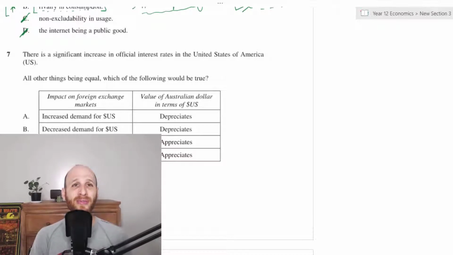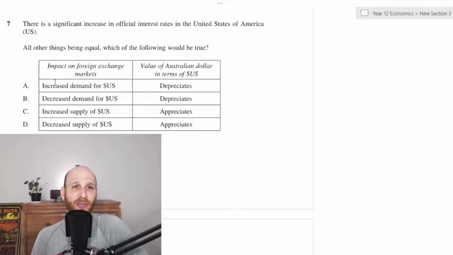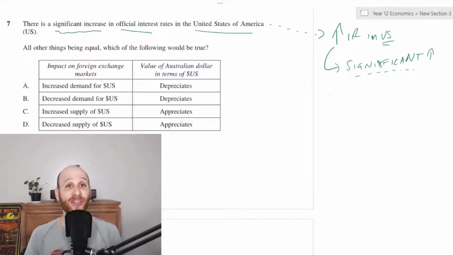Okay, some of these types of multiple choice ones are tricky, and the reason why I say that is not for the information they include, but for the information they exclude. So let's have a look. There is a significant increase in official interest rates in the USA. So even before I move on, I will annotate this. A significant increase.